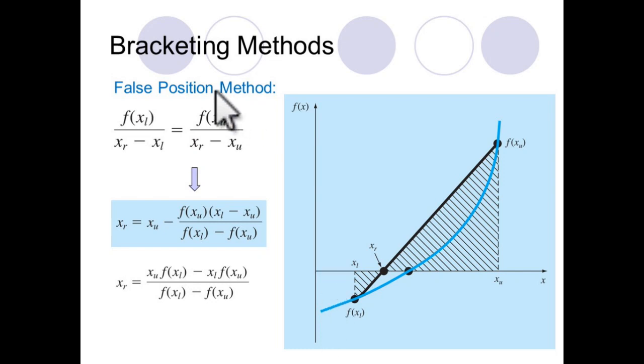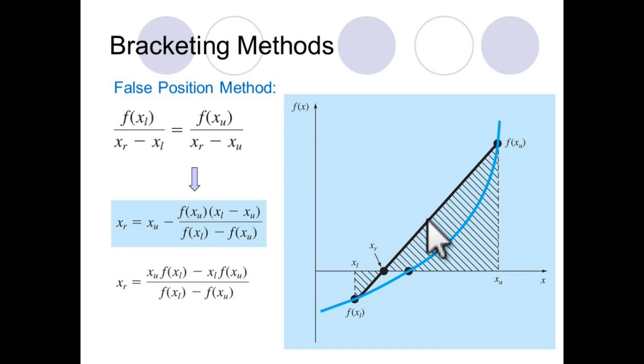Okay, so our next method in bracketing methods is the false position method. Assume that we have a continuous function again, as you see in the figure on the right-hand side. Remember that in the bisection method we just calculate the mean value of XL, the lower bound, and XU, the upper bound.